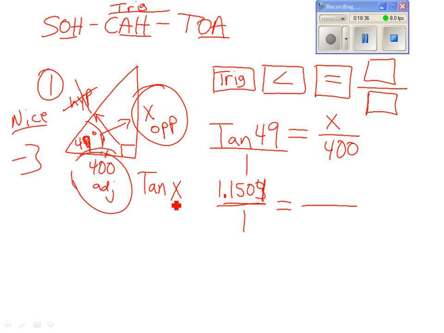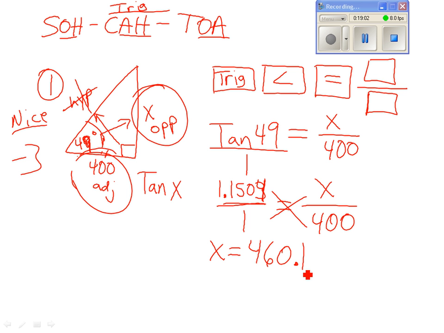Yeah. Over here, we still have x over 400. We cross multiply. I'll do the hard part for you. 1 times x is x. Somebody do the easy stuff for me. 460.1473. Slow down. 460 point 1473. We'll say 460.1. Since we're finding the side, we don't want to go out a whole bunch of places.